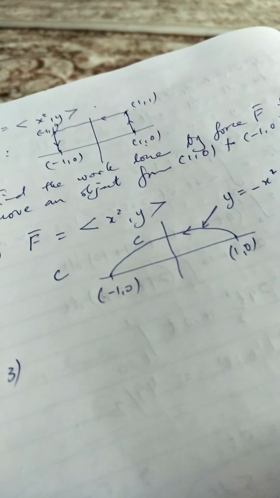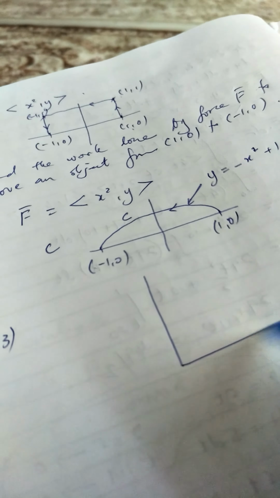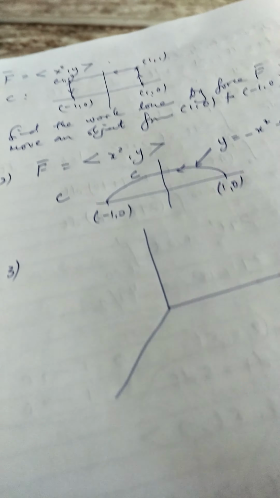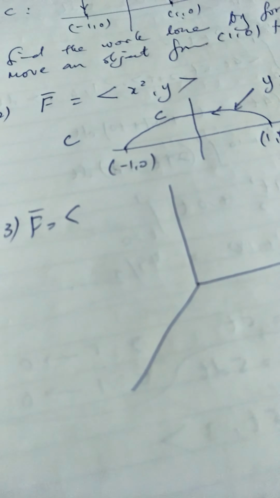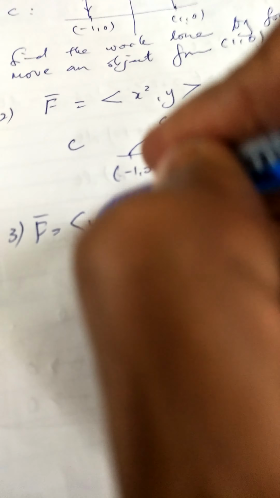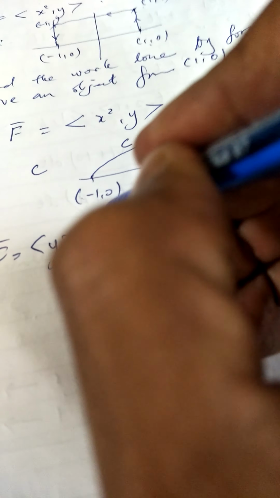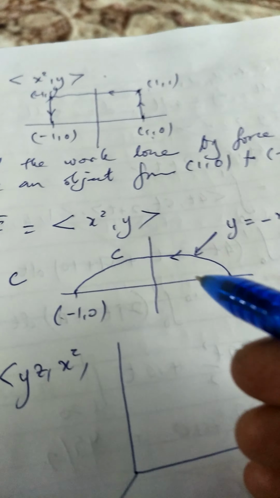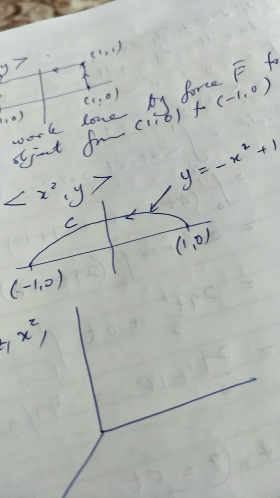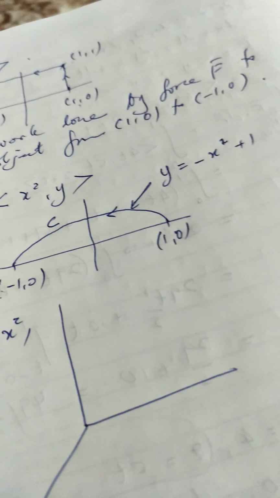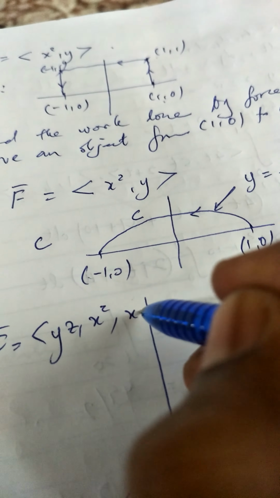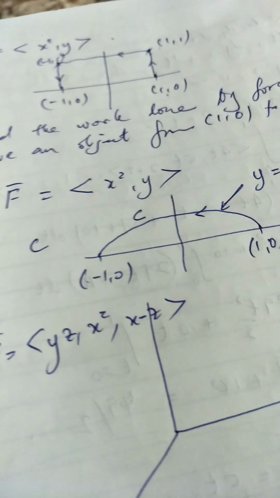Okay, and number 3, you may have this. Let's say your f is yz, x squared, another one is x minus z.